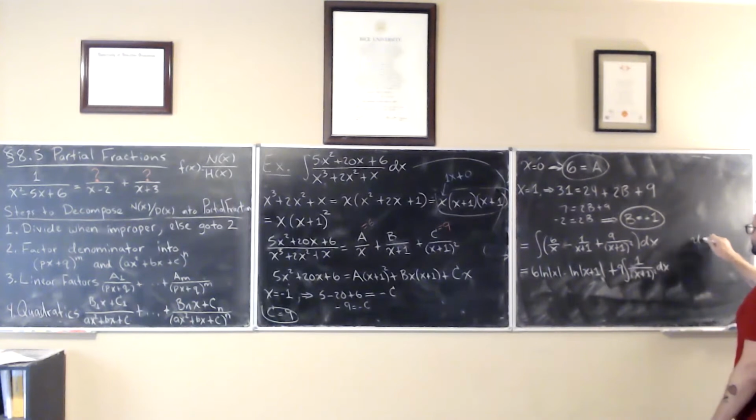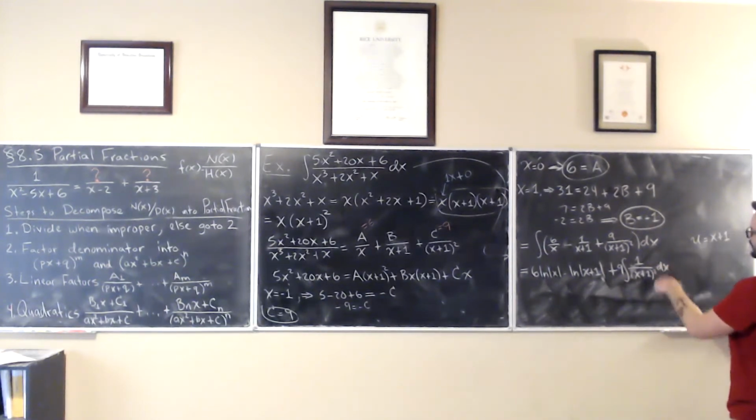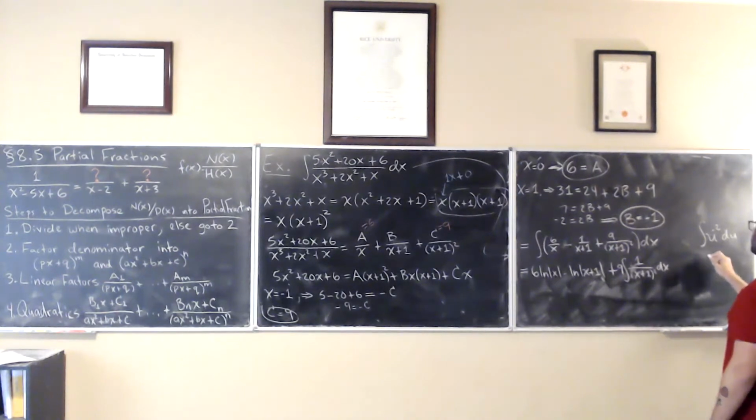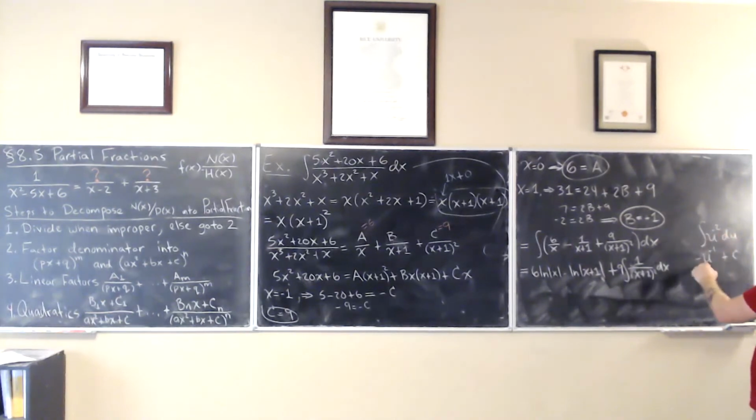And if I let u be x plus 1, so it's like, oh, it's just 1 over u squared. So it's like the integral of u to the negative 2. So add 1 and then divide.